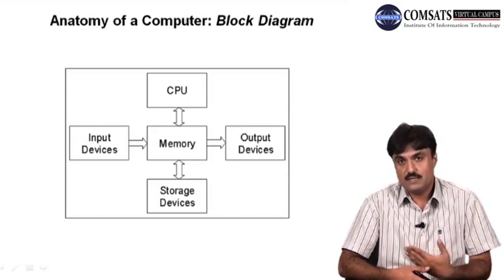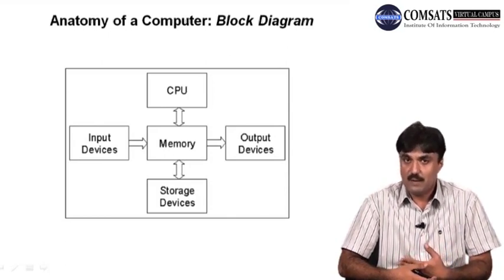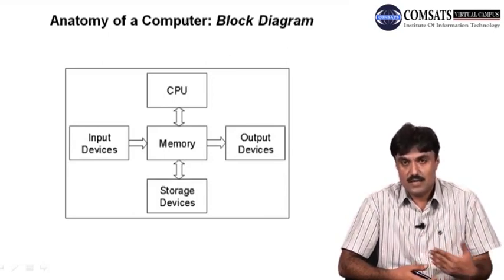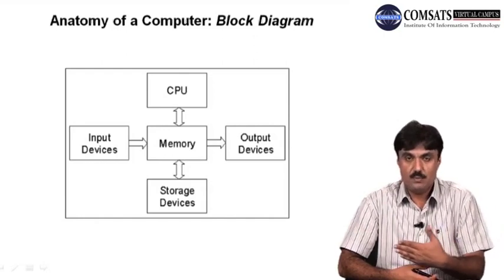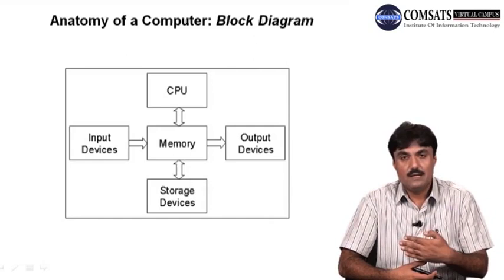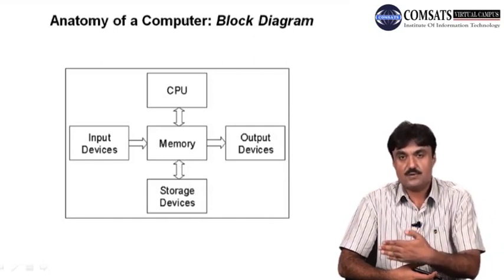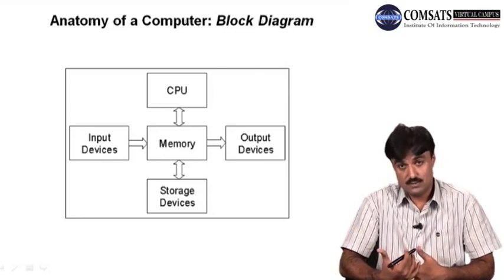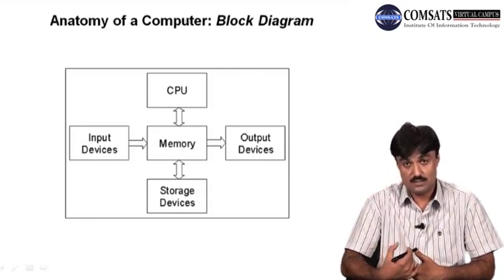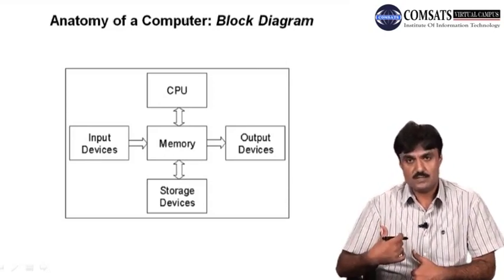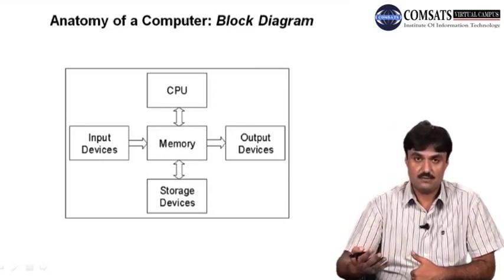Like receiving data from an input device and sending it back to the output device, sending data through the data movement path and control unit, which controls all this data flow, sending it back to the storage or retrieving data from storage, processing it and sending it back to the storage.